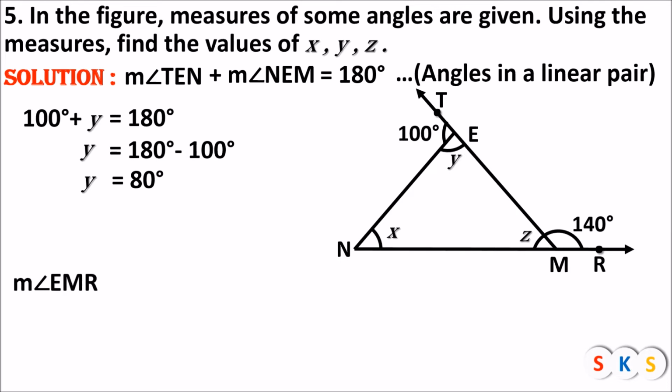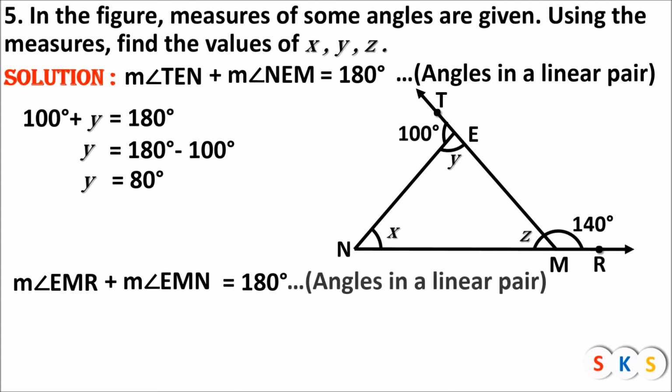Measure angle EMR plus measure angle EMN equals to 180 degree, because they also form linear pair, right? Which two angles form here linear pair? That is this angle Z, and this angle, that is an angle having measure 140.